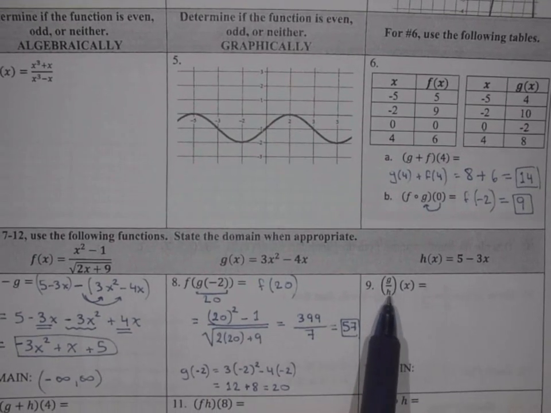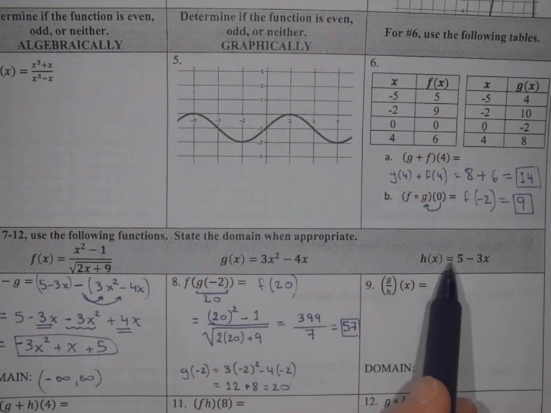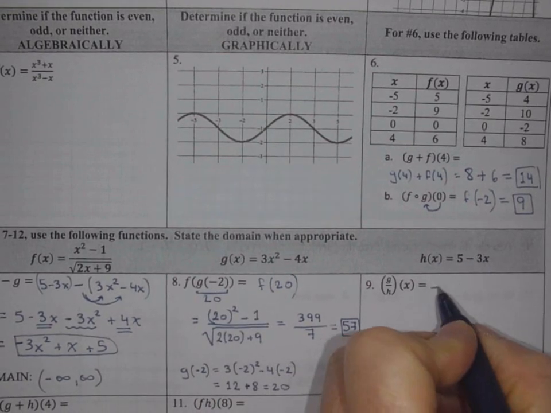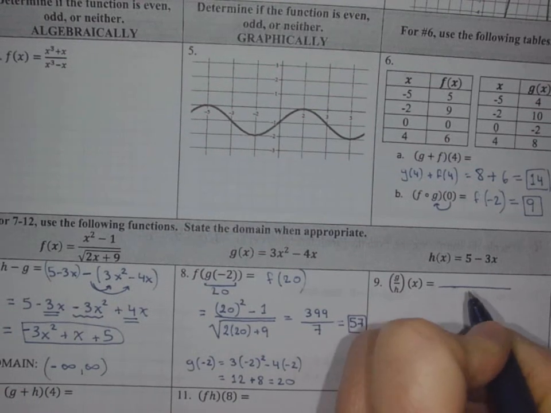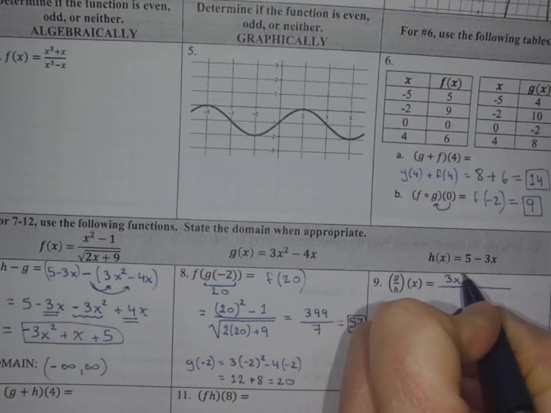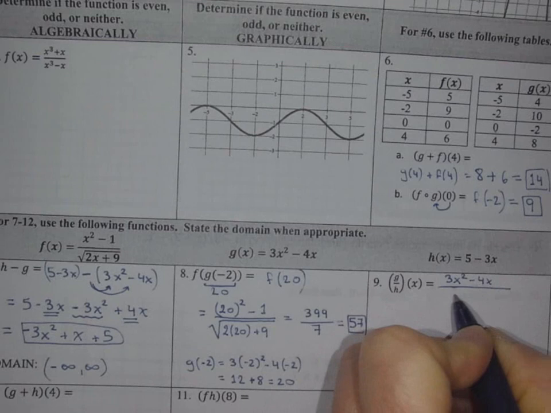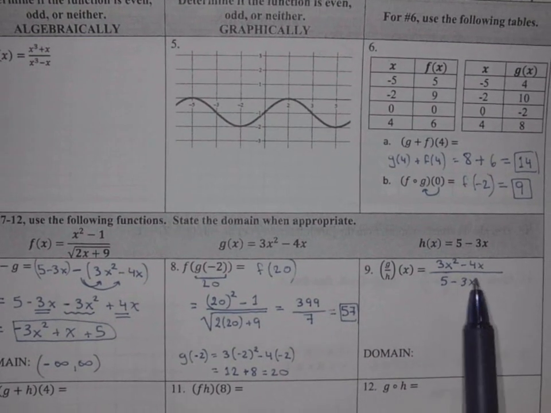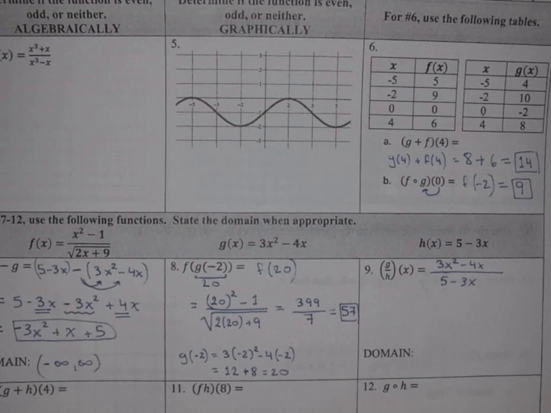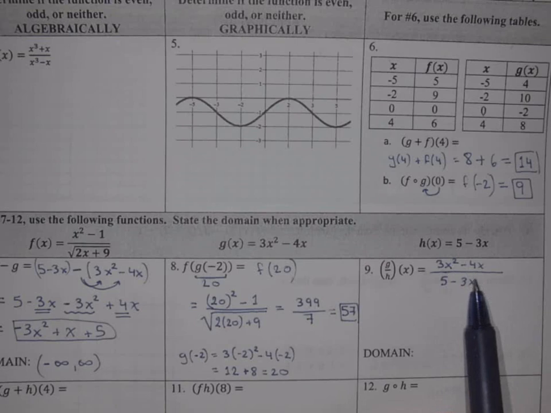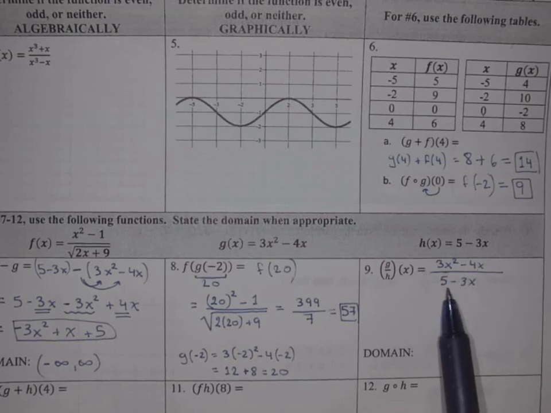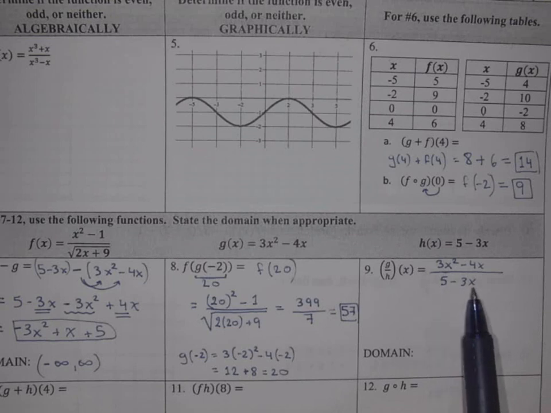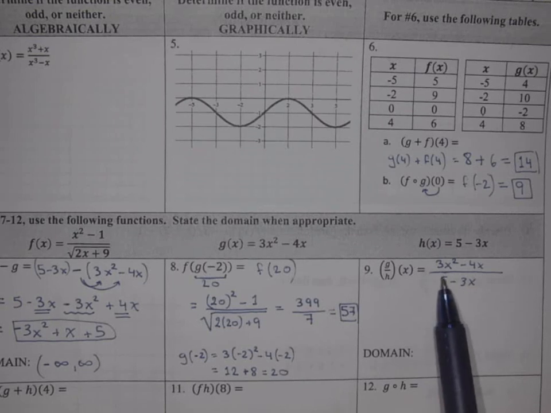For number 9, we're dividing the g function divided by the h function, so that will just be 3x squared minus 4x divided by 5 minus 3x. And that will be it, right? I'm going to leave it like that as a rational function, but the domain of a rational, remember, that's one of our two troublemakers here, because now we have a denominator and we cannot let that go to 0. So what x number would make that whole thing go to 0?